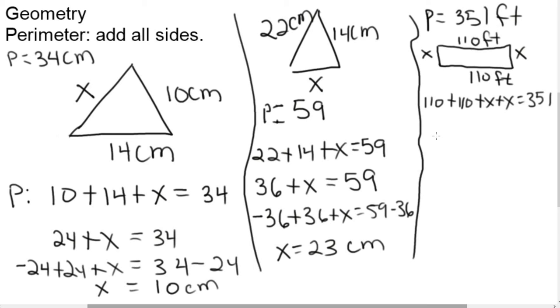If you said you combine like terms, that means you combine 110 with 110 to give us 220. X plus x is 2x, not x squared, but 2x. Because x is just 1x, so 1x and 1x is 2x.